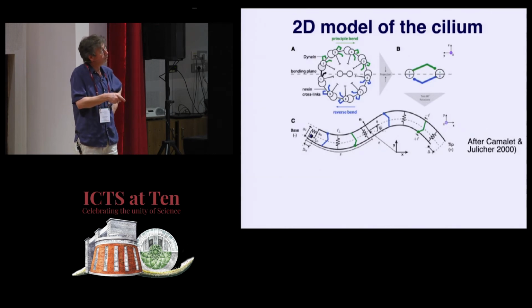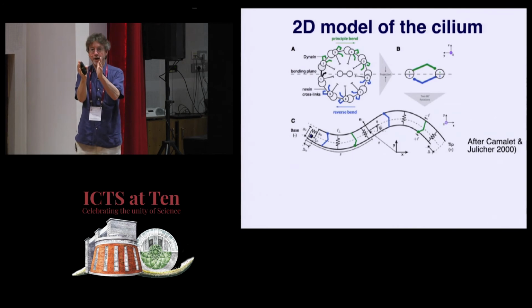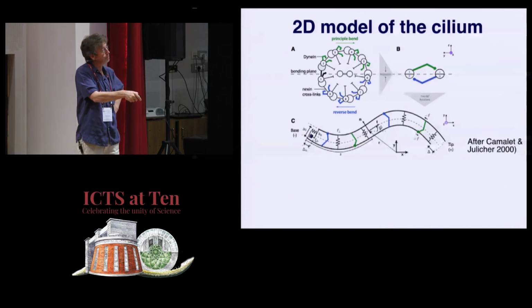I don't want to go through in detail how the projection works, but basically you take the three-dimensional section and you project it down into just two filaments, and you take motors on opposite sides of the cilium, where one set of motors bends it in one direction and the other set in the other direction, and you collapse that down to motors with opposite orientation between these two filaments.